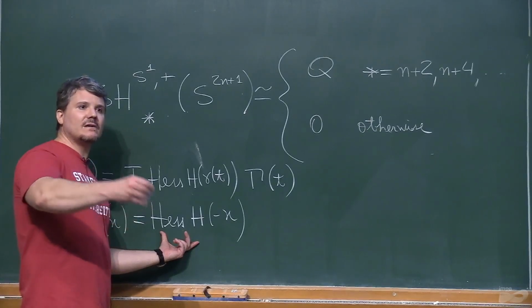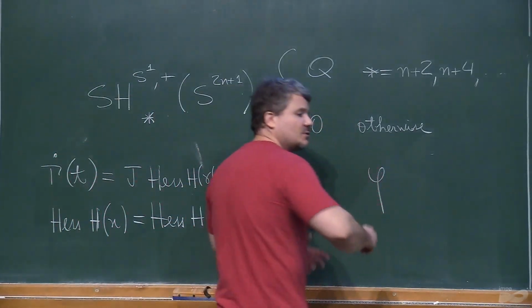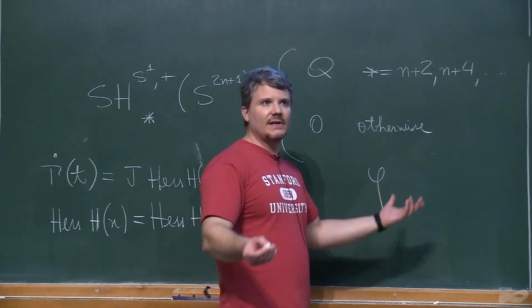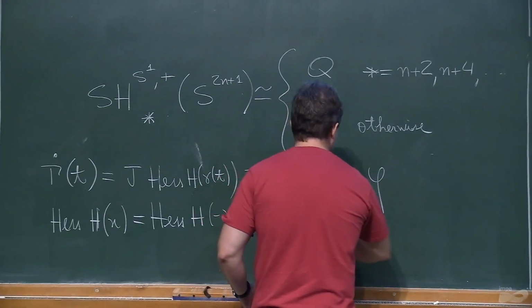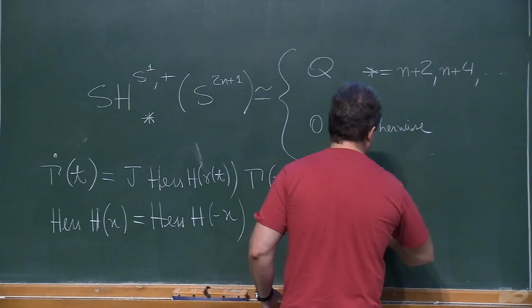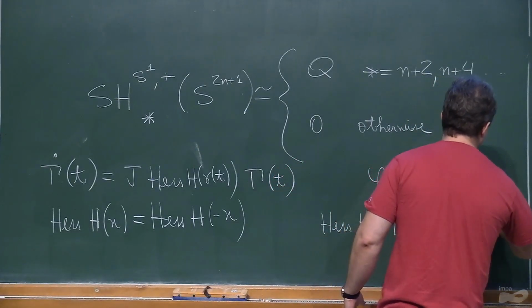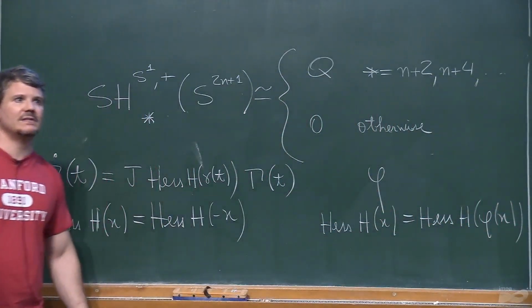Because you have this only when H is invariant by the antipodal map. In general, suppose that you have a Z2 action generated by a generator phi, and H is invariant by this phi. It's not true in general for any phi that the Hessian of H at x equals the Hessian of H at phi x. It's not true for any phi that generates a Z2 action.